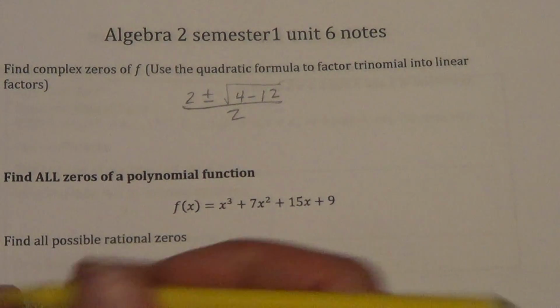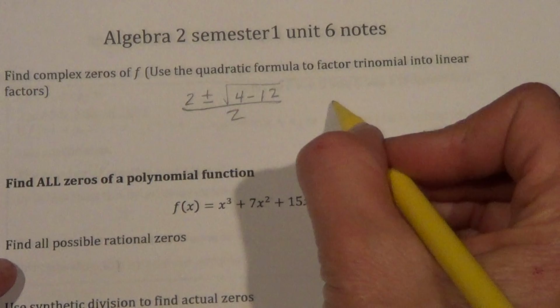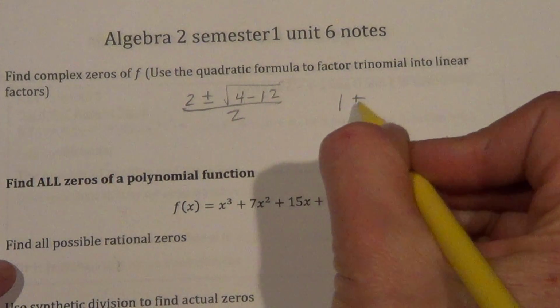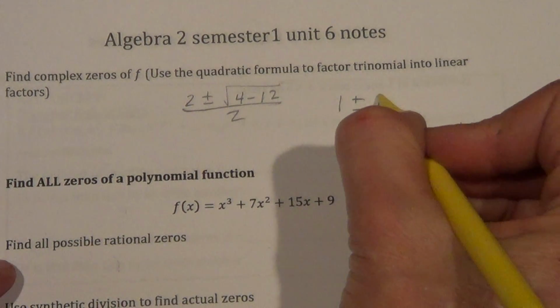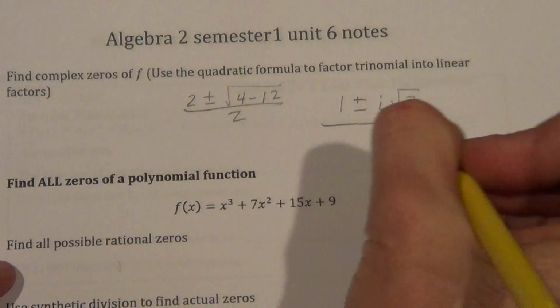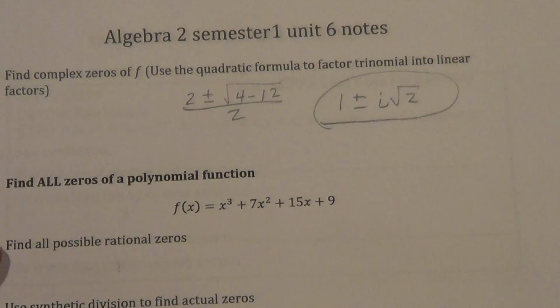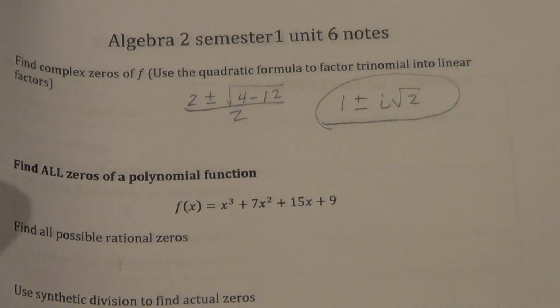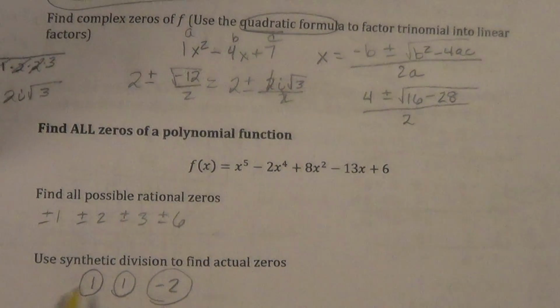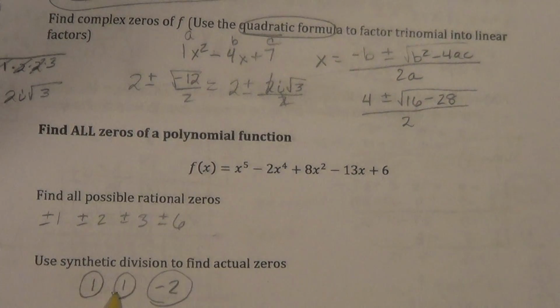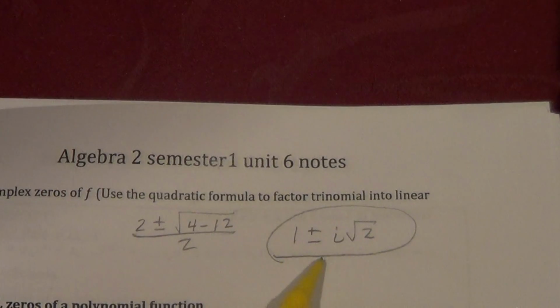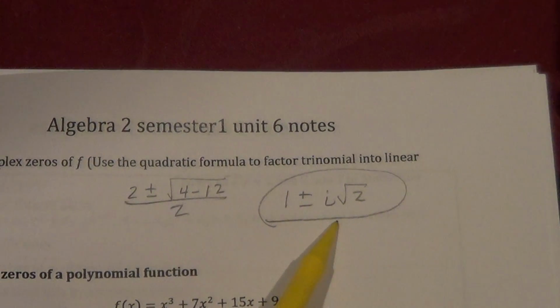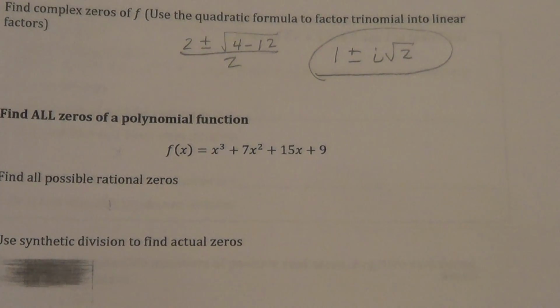You should have ended up with your complex zeros as 1 plus or minus i radical 2. Okay? Here's your actual zeros, 1, 1, negative 2. Here's your complex zero, 1 plus or minus i radical 2. Okay? So see me if you're having trouble on that.